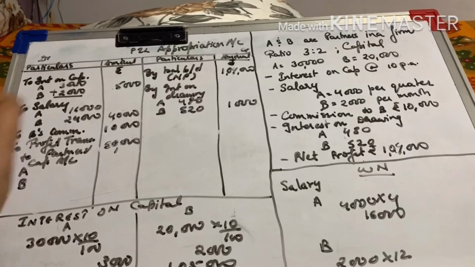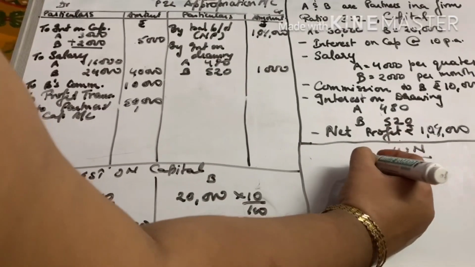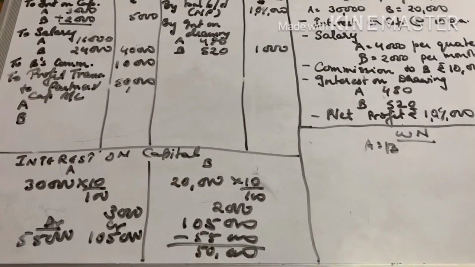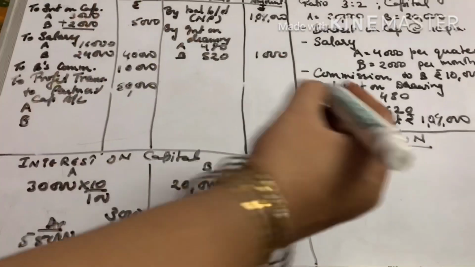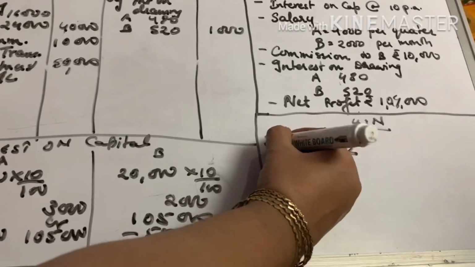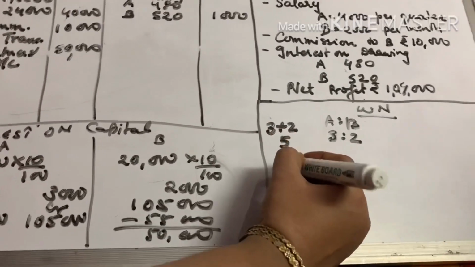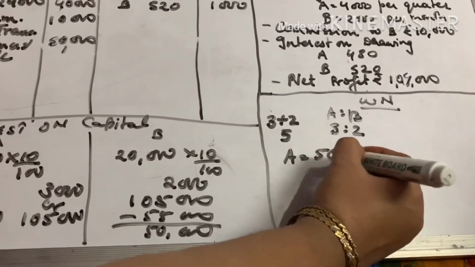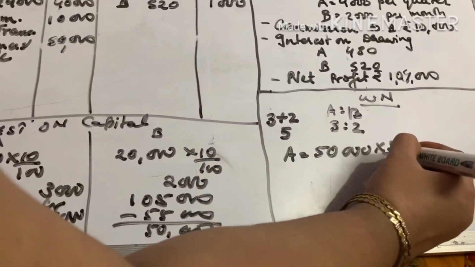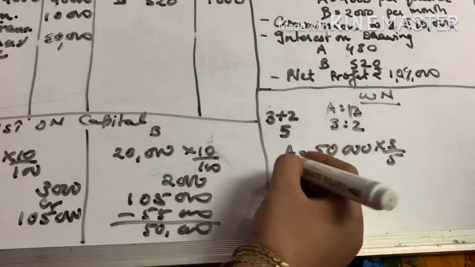Now how are we going to find out? Please look here everyone. A is to B is 3:2. So you add first. 3 plus 2 is how much? 5. So how much will A get? A will get 3/5 of 50,000. You convert ratios into fractions, we have done this in class 6 or 7.